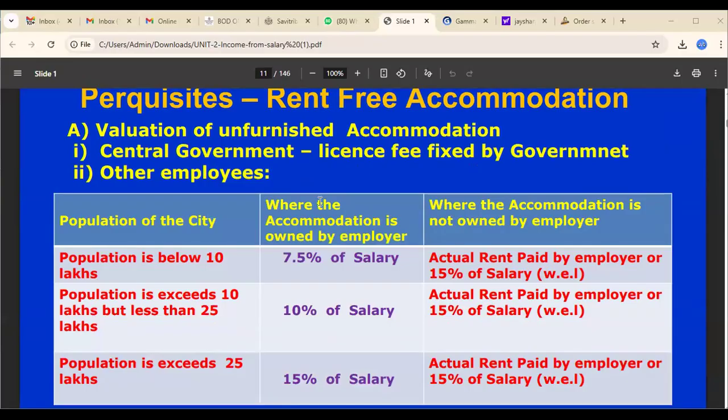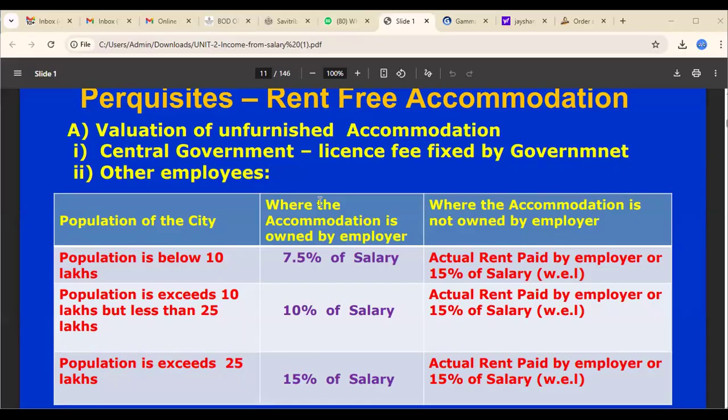This is about furnished and unfurnished accommodation. When accommodation is provided with furniture, it is called furnished accommodation. But when only an empty house is given, it is called unfurnished accommodation. Again, in case of a metro city, it has a different valuation, and in a non-metro city, it has a different valuation.